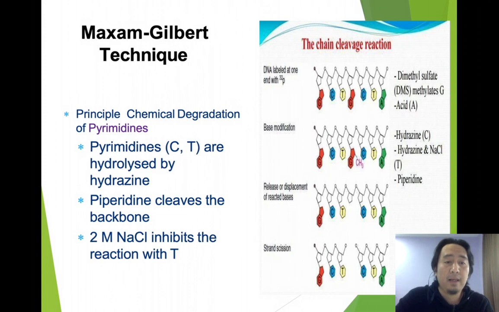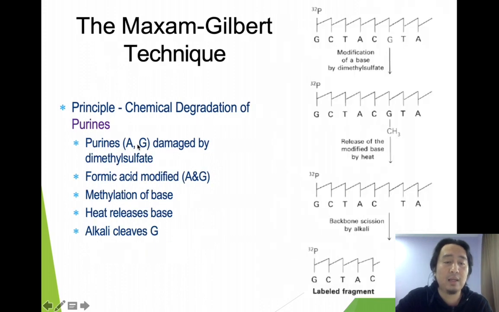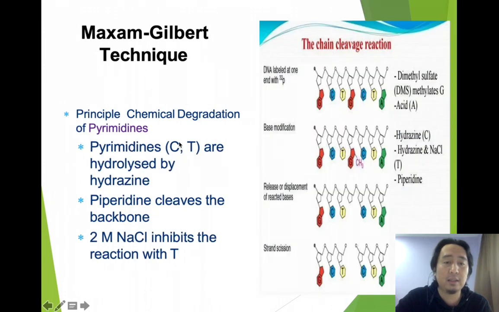But in pyrimidines we use hydrazine, so it can hydrolyze both C and T. Usually it recognizes C, and occasionally it also recognizes T. Same goes for DMS just now: usually it recognizes G, occasionally it recognizes A. In this case, usually it recognizes C, and sometimes it will recognize T. And piperidine cleaves the backbone.